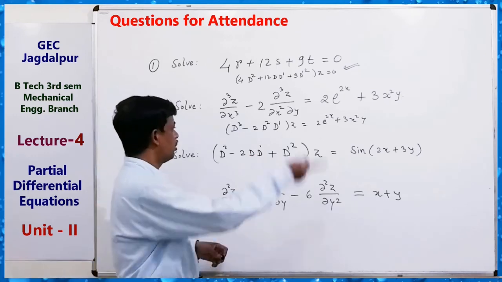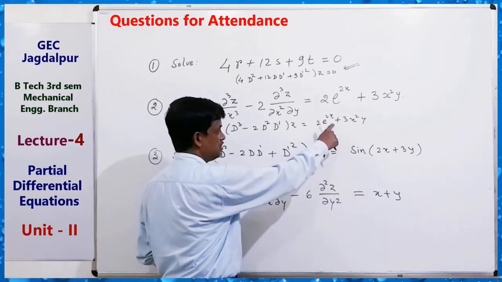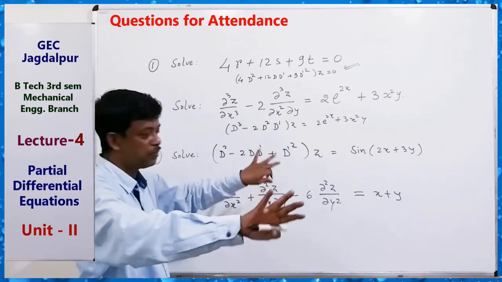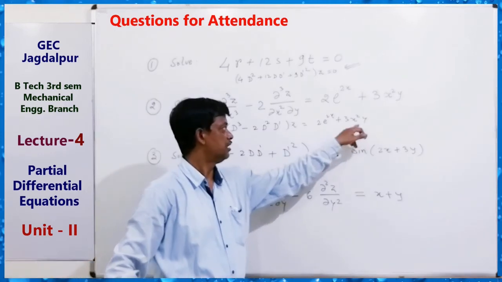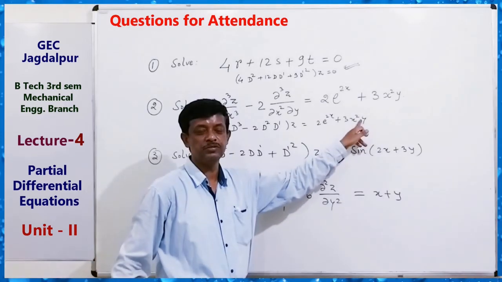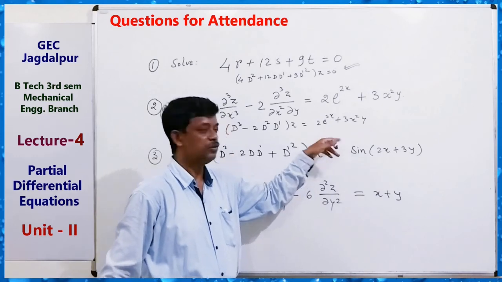Then 1 upon f, these are separated into 2 parts here and here. Here the binomial theorem will be used, and here you can use the direct formula.